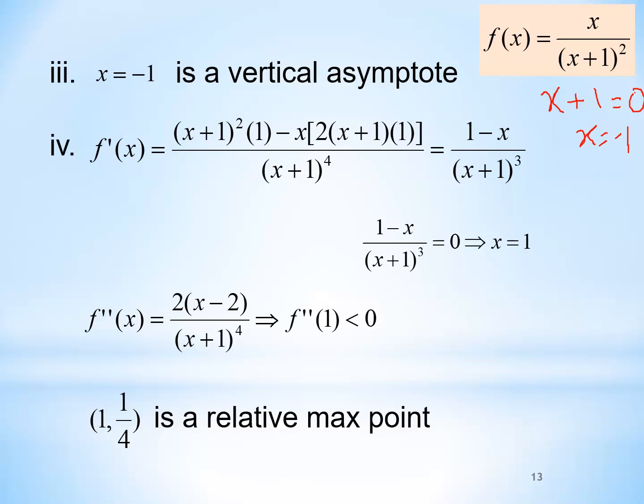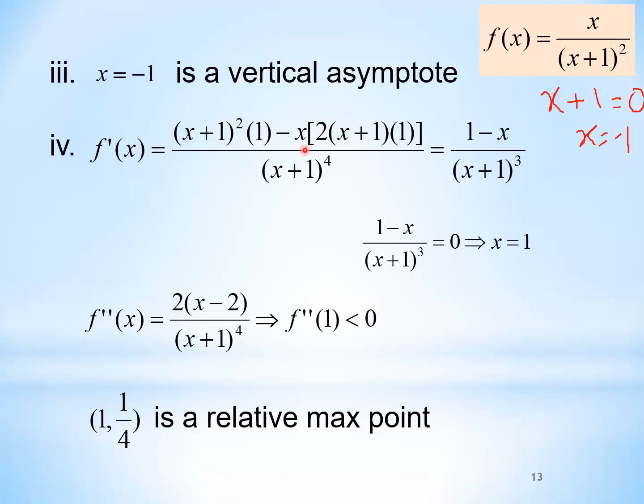And then number 4 is to find the first derivative, so that you can find your critical values. We differentiate it using, I'm sure you know how to do this, VU prime minus UV prime over V squared, right?